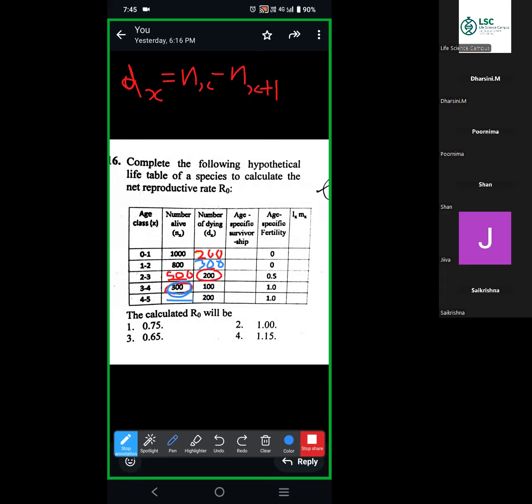Of these 300 individuals, 100 individuals have died. Then there will be remaining 200 individuals. Is it clear? Clear. Is there any doubt?